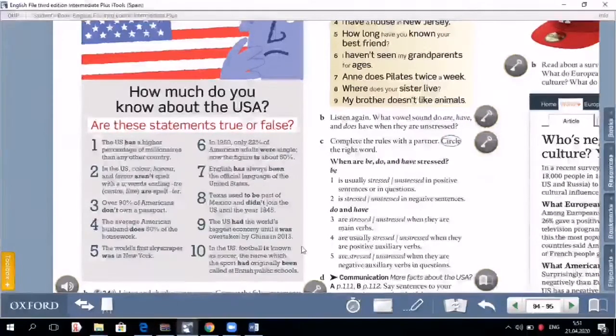In the US, football is known as soccer, the name which the sport had originally been called at British public schools. We know that soccer is what Americans call football. Yes, in Britain it's called football. In America they call this game soccer. These are interesting questions and you should just answer true or false.